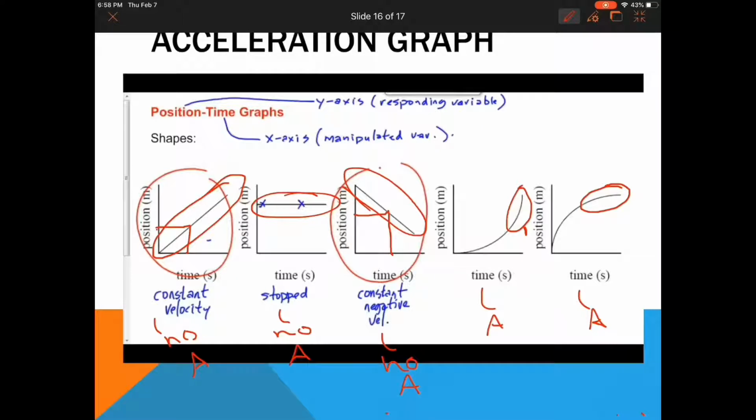So if the line is bowing towards the x-axis, that means it's accelerating or speeding up. If it's bowing towards the y-axis, it is accelerating, but it's slowing down.